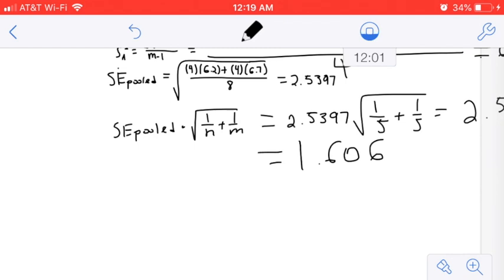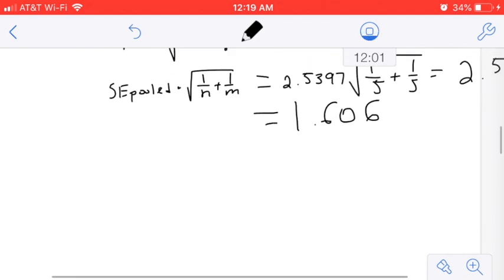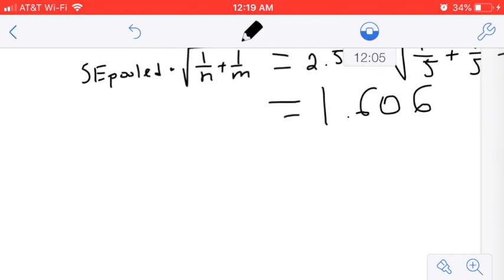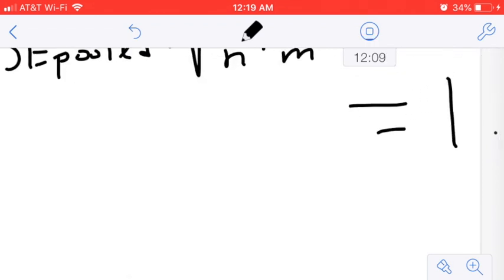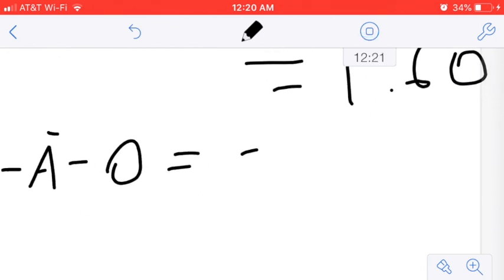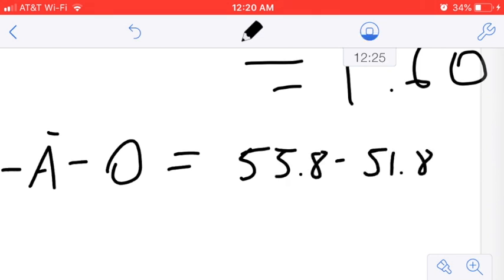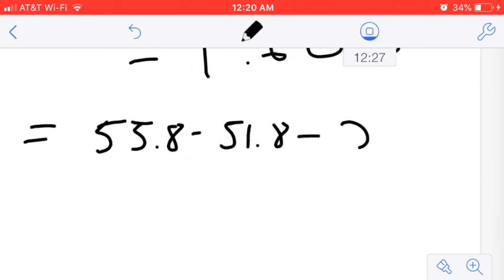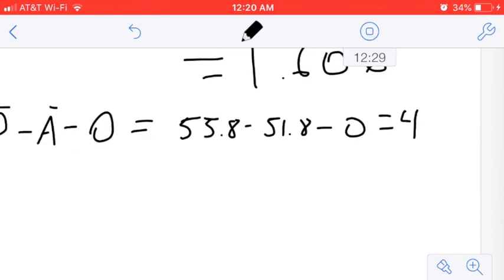So, after we get that, we know that's our bottom. We need to calculate the top. So our top is going to be P bar minus A bar minus the hypothesized difference of the means, which is 0. And that is equal to 55.8 minus 51.8 minus 0, which is equal to 4.